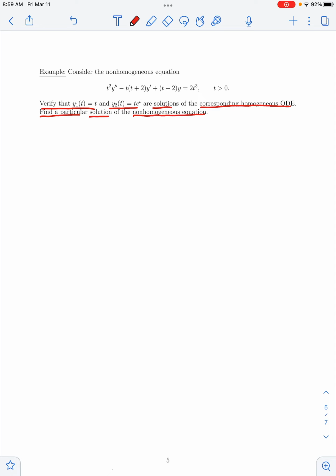So let us first verify that y1 and y2 are solutions of the homogeneous equation. If we start with our first function, y1, which is t, then our first two derivatives, y1 prime, would be 1, and y1 double prime would be 0.